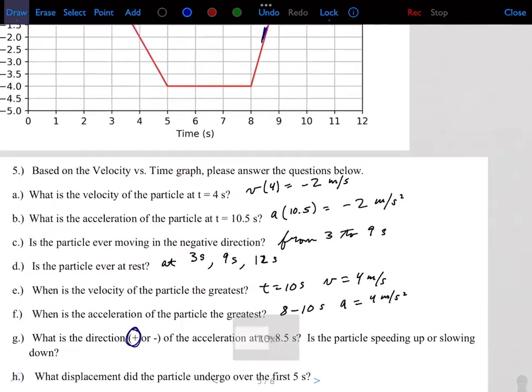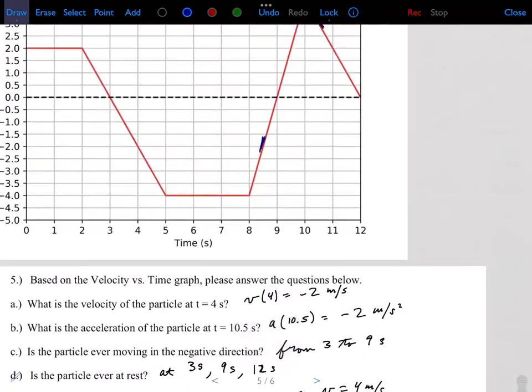Okay, so we have to think about this. Right at that instant, we have a positive acceleration. We're moving in the negative direction at a velocity of around -2, and we're going to negative 1.5, negative 1.